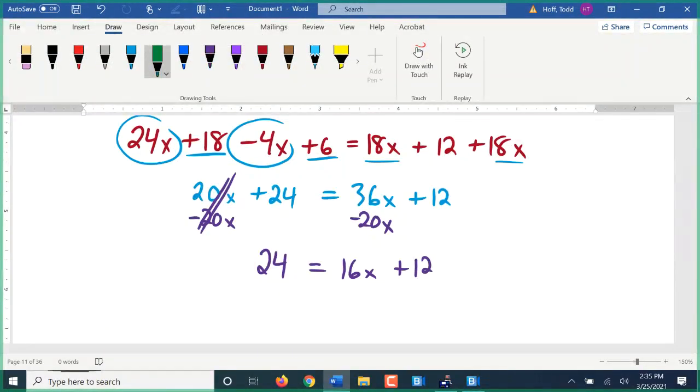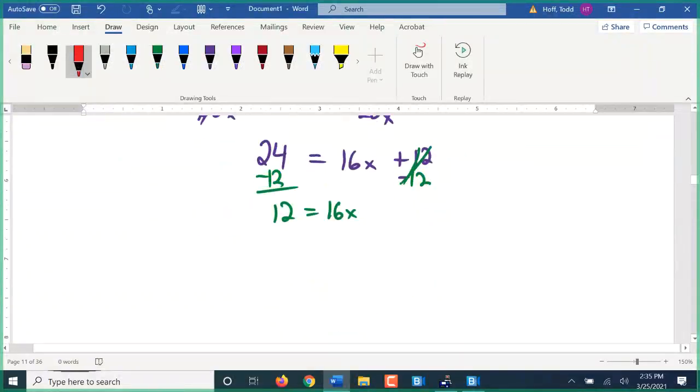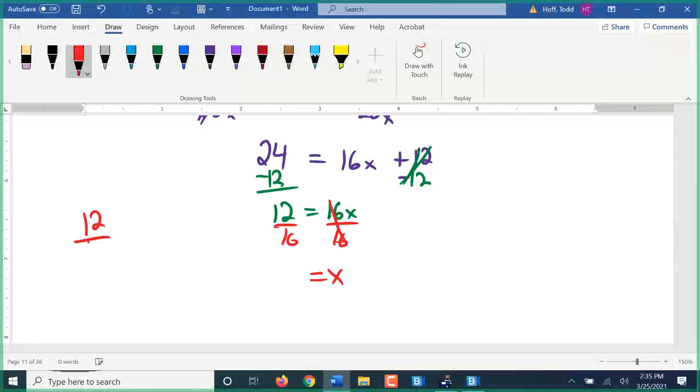I'll start by subtracting 12. 24 minus 12 is 12. The 12 is gone on the right side, so we just have 16x there. And finally, I'll divide by 16. So the 16 is gone on the right side, we just have x. 12 divided by 16, once again, we'll just treat that as a fraction and reduce it. Both those numbers divide by 4, giving me 3/4. x equals 3/4.